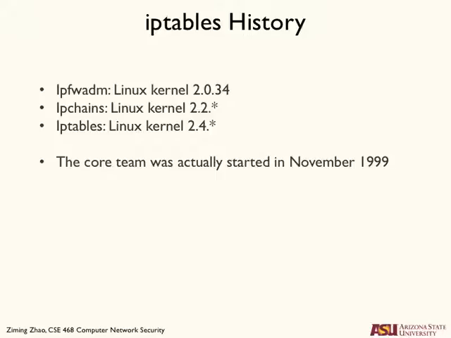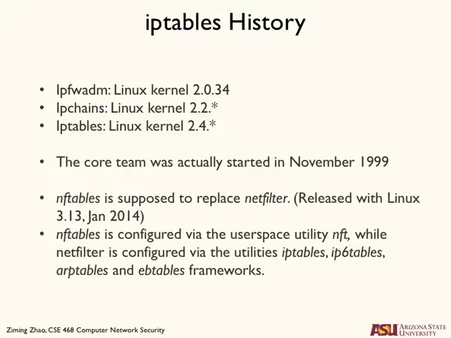So in November 1999, they started a development team to work on iptables. So it has been almost 17 years. So they are going to replace iptables and netfilter, actually.